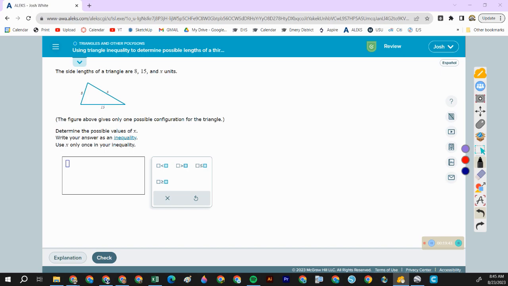It can be smaller than 8. You're really close though. 7. Why 7? So we know x plus 8 has to be smaller than 15, right?